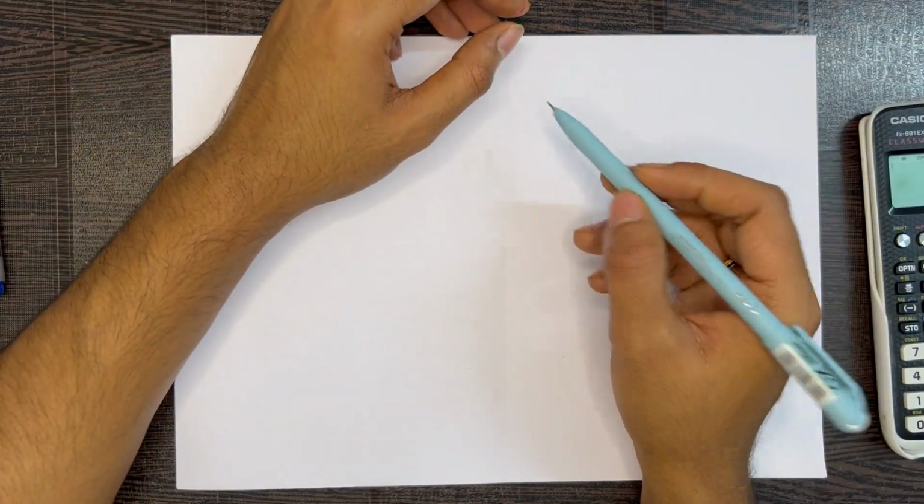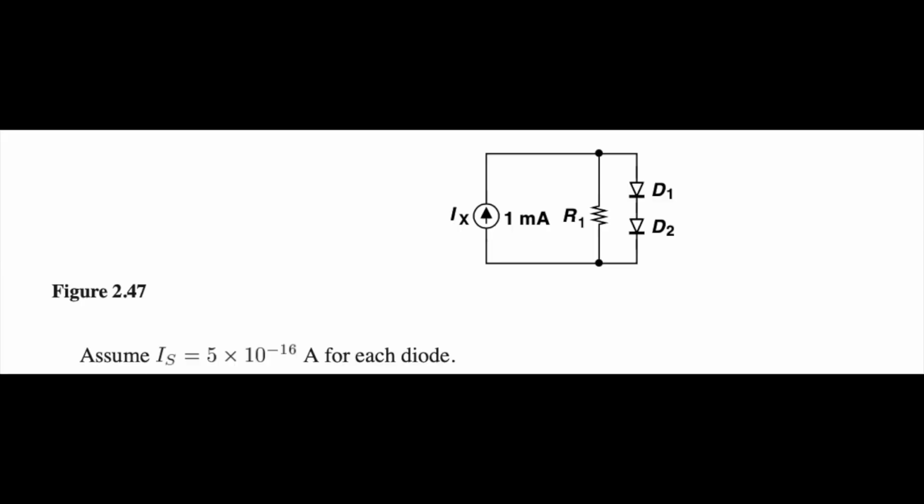Okay, let's go to the next question. They say that in the circuit of figure 2.47, determine the value of R1 such that the resistor carries 0.5 milliampere and the saturation current is 5 into 10 power minus 16 ampere. Okay, we need to calculate the value of R1.